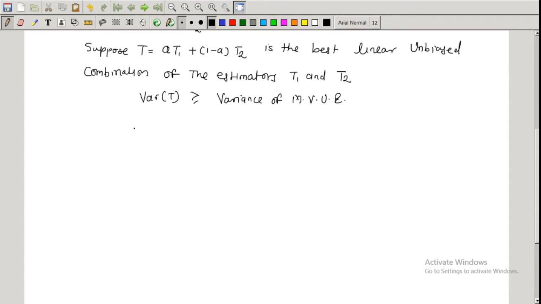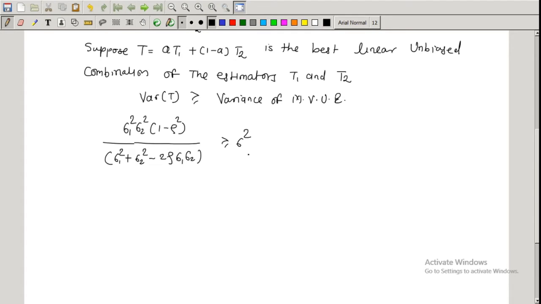So the variance of T is: sigma 1 square, sigma 2 square into 1 minus rho square, divided by sigma 1 square plus sigma 2 square minus 2 times rho sigma 1 sigma 2, which is greater than or equal to sigma square. So this is your variance of the minimum variance unbiased estimator.